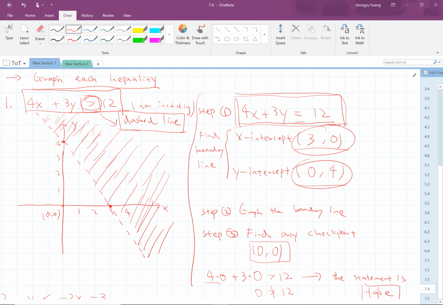That point is not in the inequality. So you have to shade the boundary line's right half plane. That's basically the meaning. I think it is really well explained, right?